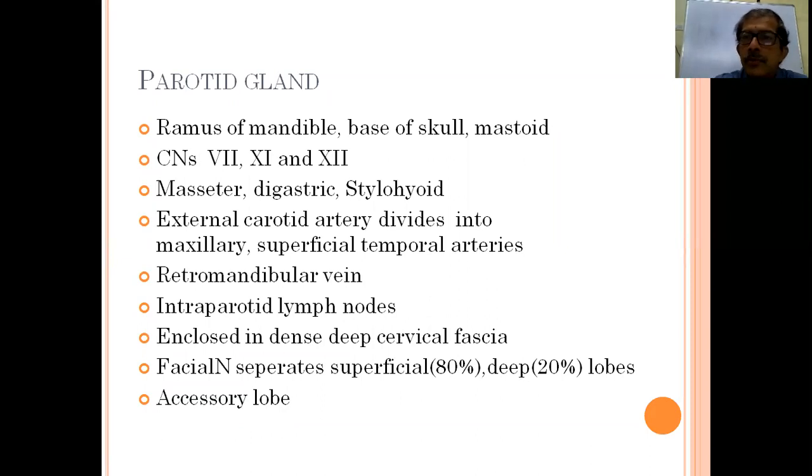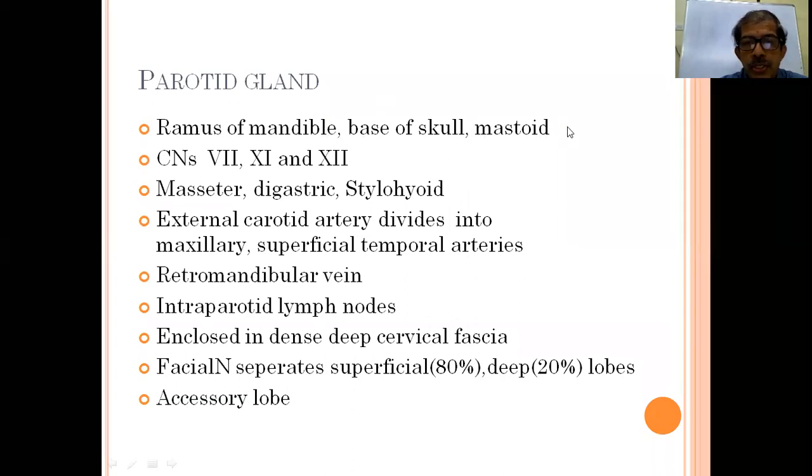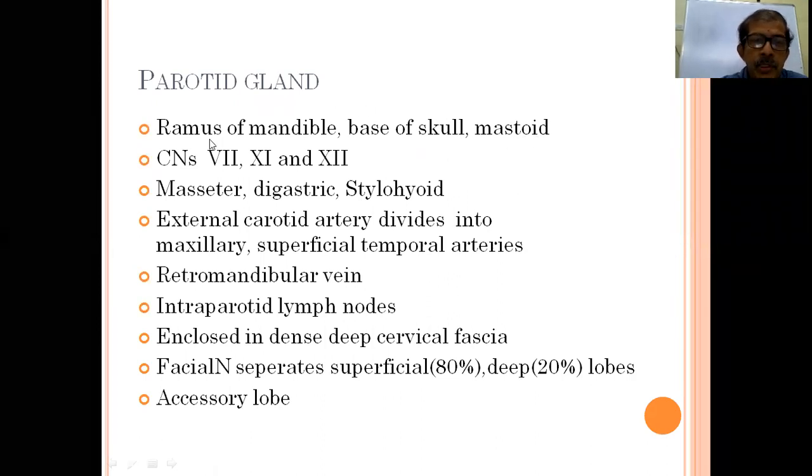So in the last class, we were discussing the parotid gland and its anatomical relationships. The importance of the ramus of the mandible, base of skull, and mastoid, the three bony points that are important.